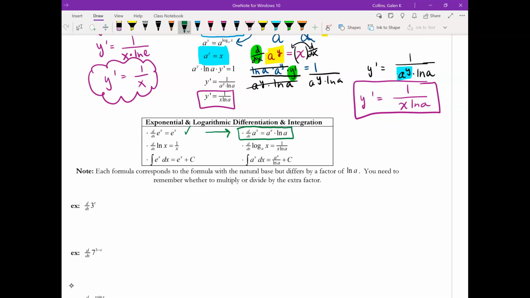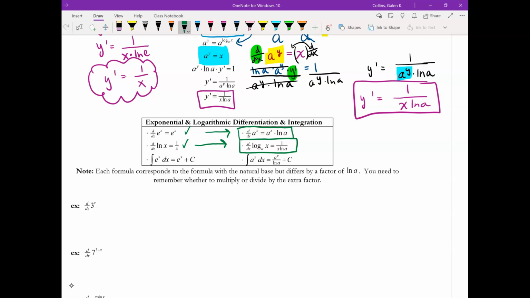We also know, way back from Unit 2, that the derivative of the natural log of x is 1 over x. But more generally, if we want a rule for any log of any base, then we need log base a of x. So that's going to be 1 over x times the natural log of whatever the base is.